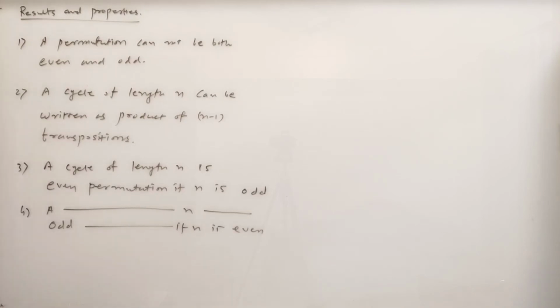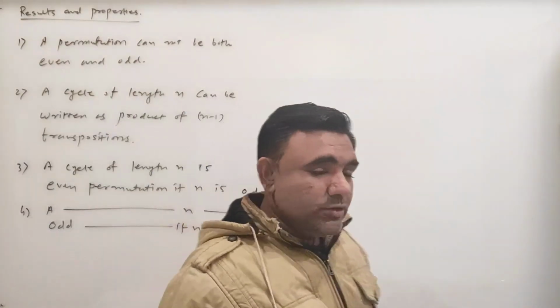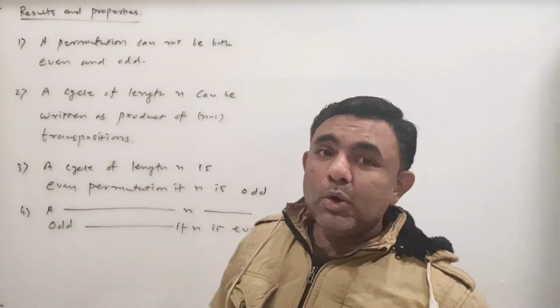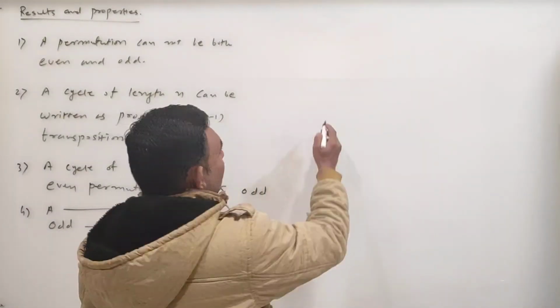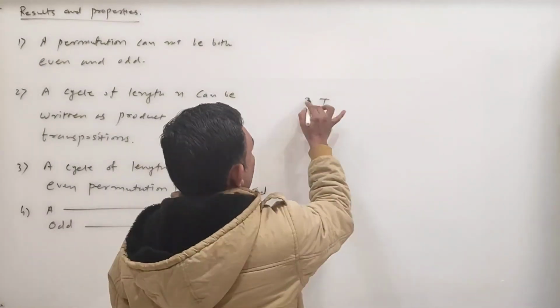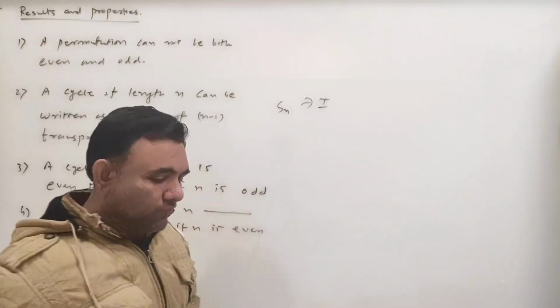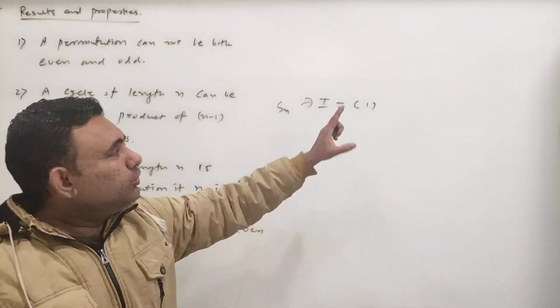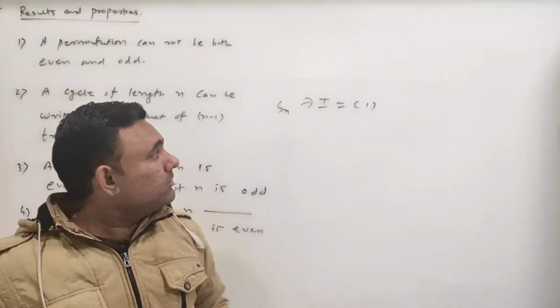Now there is a natural question, what about the identity? ये जो हमारा identity है वो even permutation है या odd permutation है? See, identity क्या है? What is identity? In Sn, ये मैं कोई भी Sn ले लेते हैं, S5, S10, whatever. So identity can be written in this way. This is my identity. You can write 2 also, 3 also, whatever.